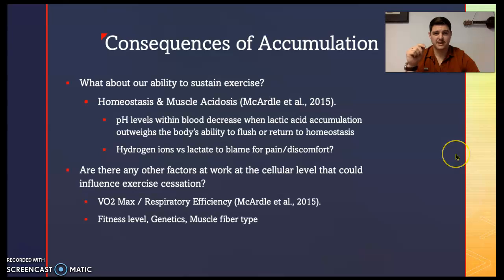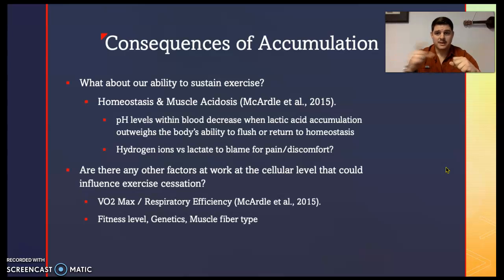And again, consequences of accumulation, I kind of touched on it earlier. It's really a matter of homeostasis versus muscle acidosis. So the body wants to stay in a neutral balance at all times, and as these hydrogen ions and the lactate and everything go into the blood system, it's that constant fight of trying to find that middle ground that it likes to stay at, where it's nice and neutral.